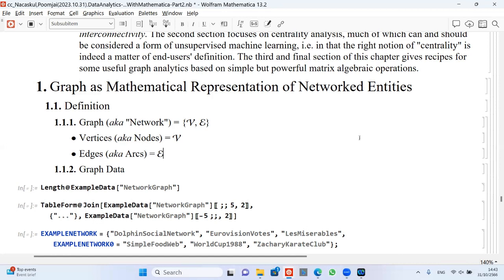So being a friend on Facebook is symmetric, right? Another question you ask is, can you have a relationship with yourself? If you can't have a relationship with yourself and the relationship is two ways, bidirectional, if you have 20 vertices, how many edges can you have?